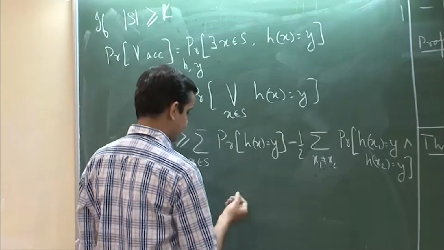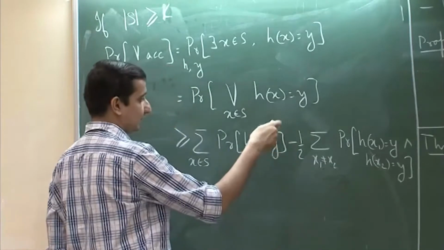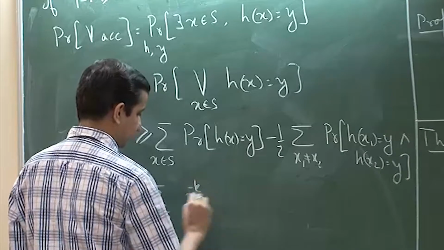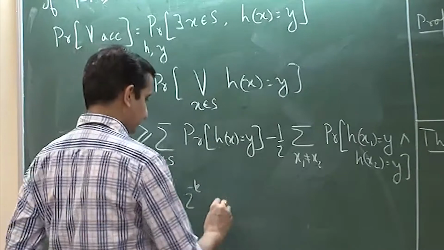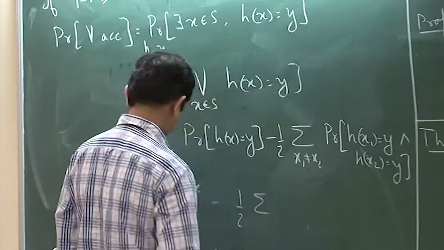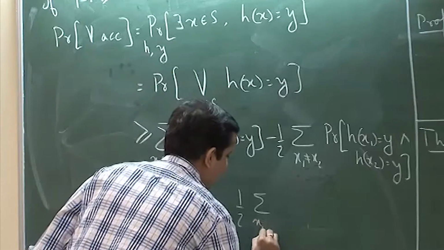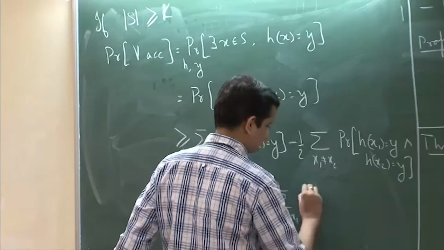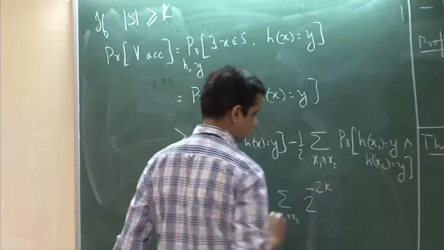It is basically determined by the size of the set that y is contained in. It is 2 to the power minus k.